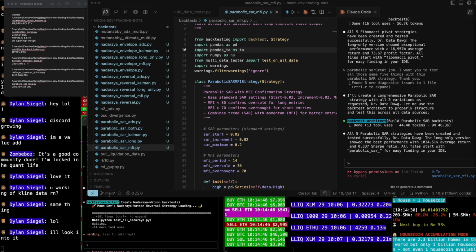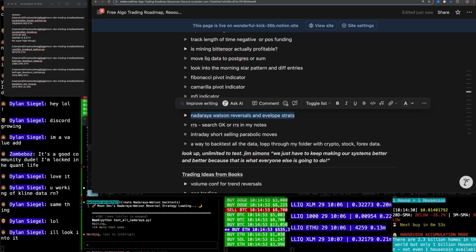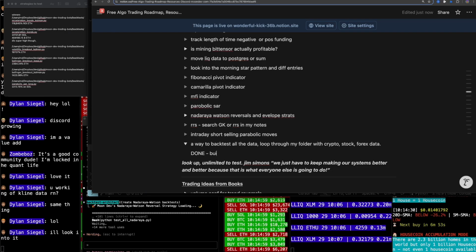See if there's anything else we want to do while we're waiting here. A way to backtest all the data, loop through my data folder. Done. This is done, dude. Built with sub agents. So sick. I think I've shown you enough for today.